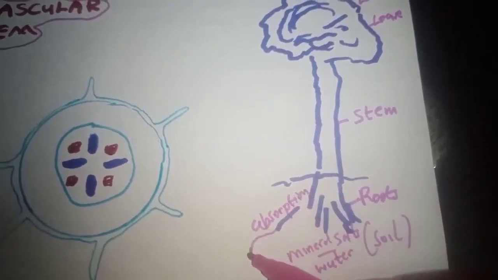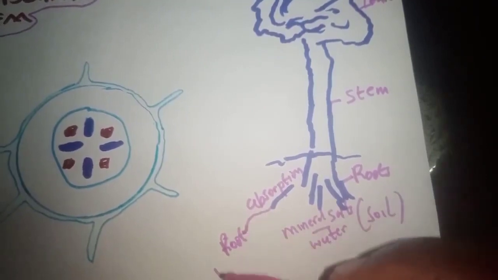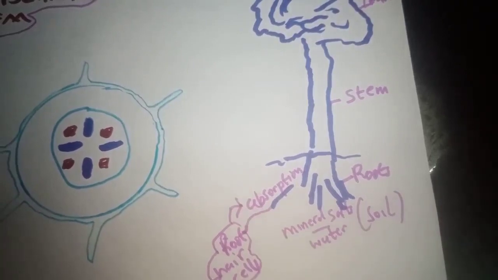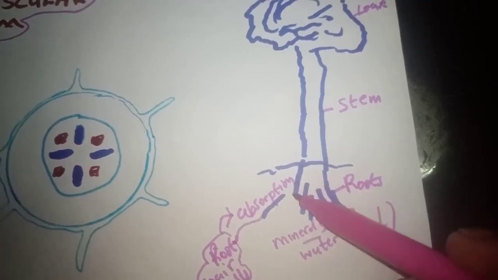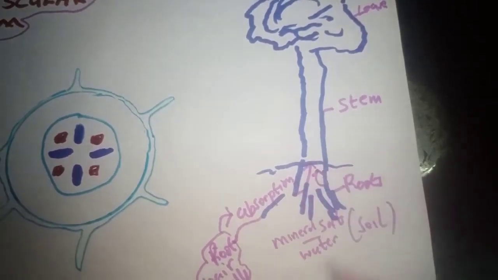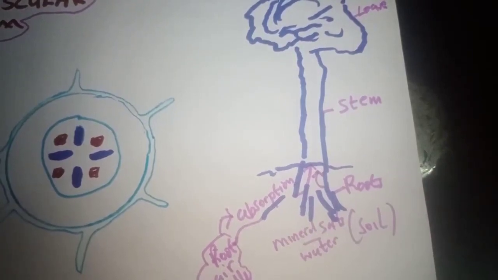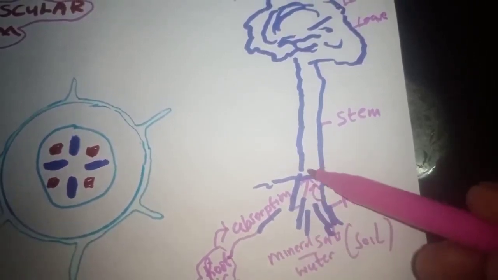This is because roots have got special cells called root hair cells. These are a special type of cells found in the roots, responsible for absorption. So they absorb the mineral salts and water, and these reach the center of the root before they start climbing up the stem. So water and mineral salts will have to move all the way.